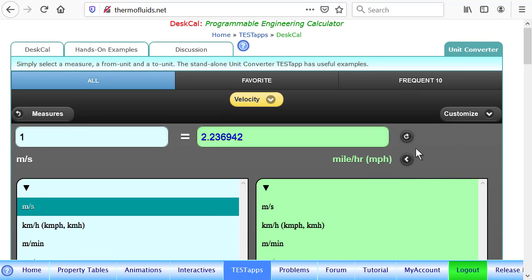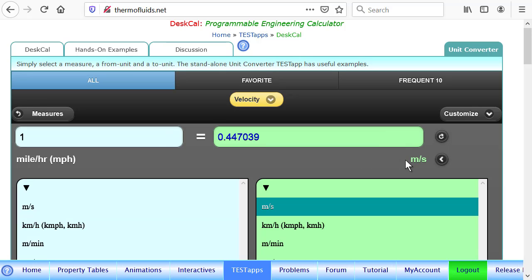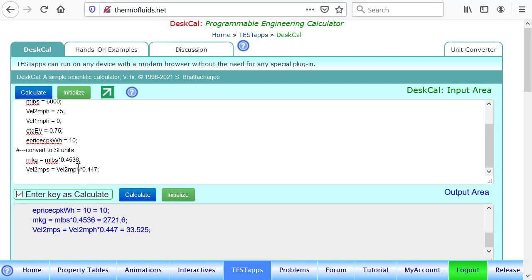This is how they're organized. So 1 meter per second is so many mile per hour. So 1 mile per hour is so many meter per second. So therefore 75 times this, 0.447, is our velocity 2 in meter per second. So now let's start the analysis.